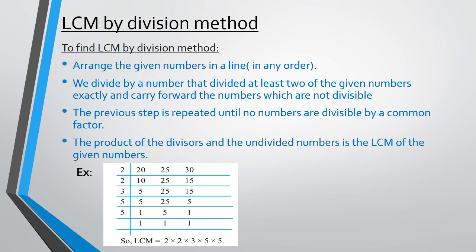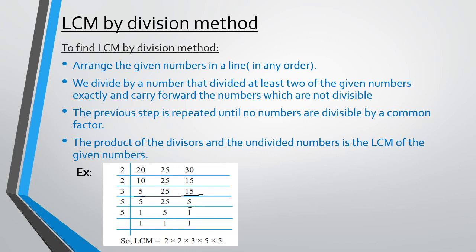Then in this step we have 5, 25 and 15. Among these only 15 can be divided by 3. So we have taken 3. These two numbers 5 and 25 are brought to the next step as they are, and only 15 has been divided by 3, so the answer is 5 here. Then among these 5, 25, 5 is a common factor for all.